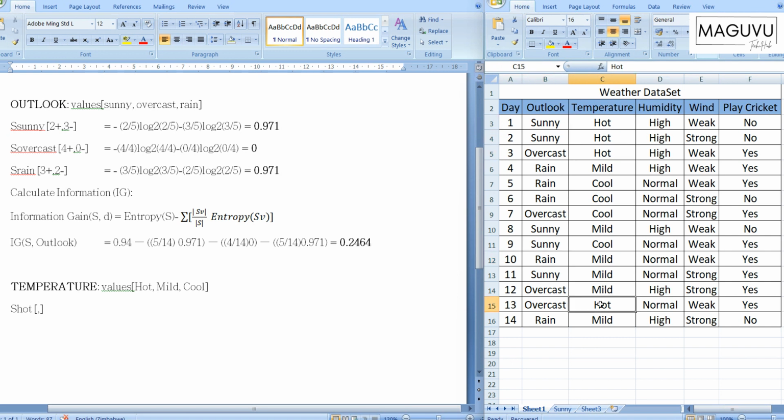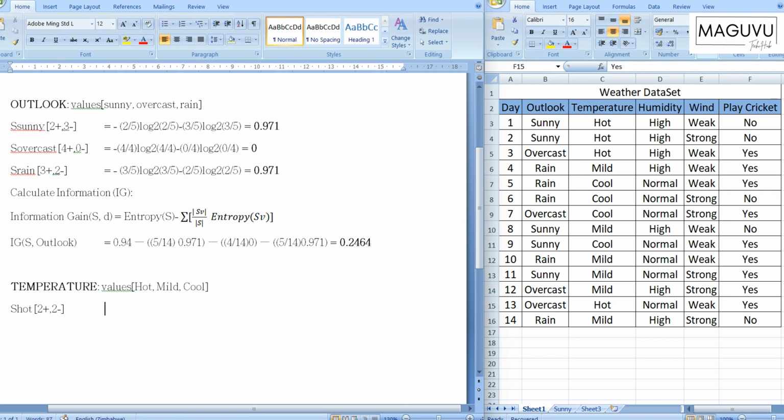So we've got a total of 4, and then we want to see how it contributes to playing of cricket. We have got yes 1, and the other yes 2. So we've got 2 out of the total of 4. We have got 2 yes and 2 no's. So let's represent that: we've got 2 positive, and 2 negatives, represented by the no's, a total of 4.